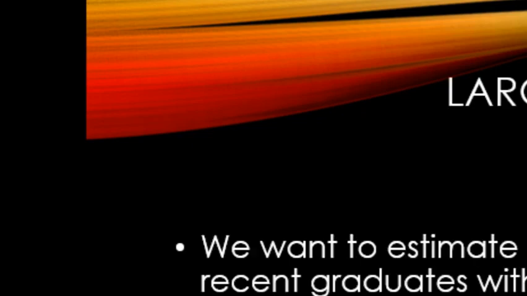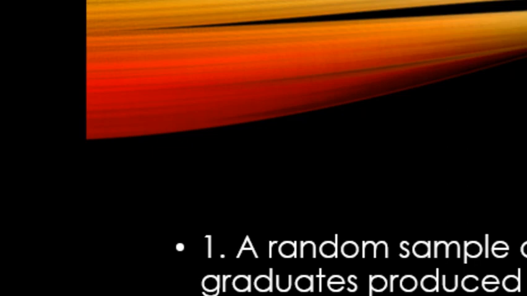Okay, so here's an example. We want to estimate the difference between the mean starting salaries for recent graduates with mechanical engineering and aerospace engineering from University of Michigan. A random sample of 48 starting salaries from University of Michigan mechanical engineering graduates produced a sample mean of 64,650 with a standard deviation of 7,000.